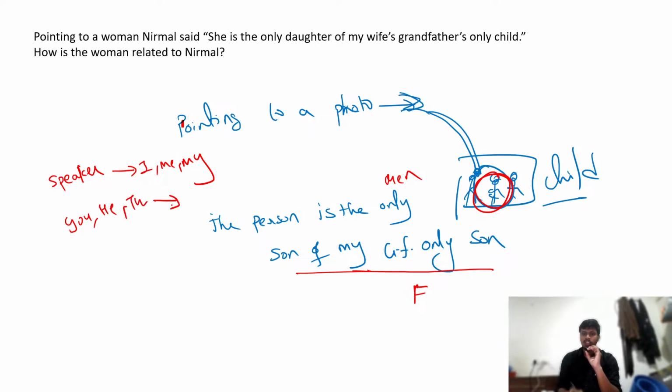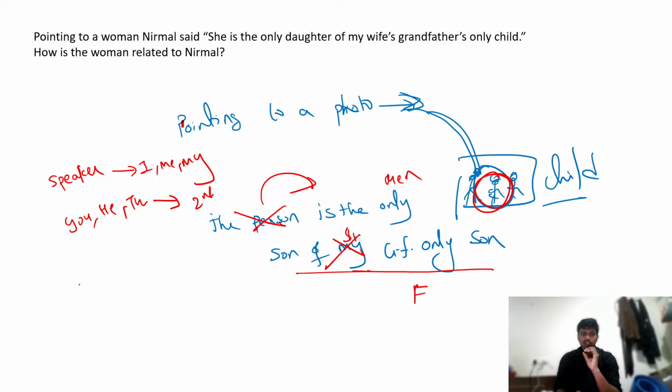That means he is talking about the person he is showing, that means the second person. Whenever you see the word I or my, you can assume this is the speaker talking. Whenever you see the words the person, she or he, he is talking about the other person he is showing. That is the first step. Try to identify who is the speaker and whom he is talking about.